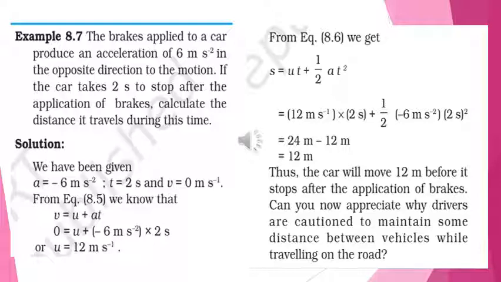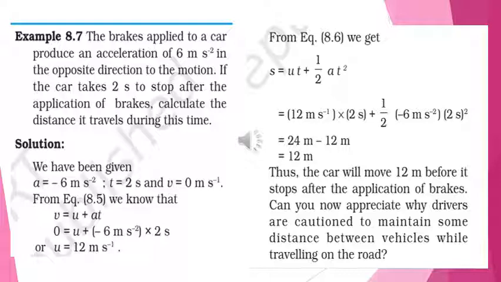t is equal to 2 seconds and v is equal to 0 meter per second because we are applying the brake, meaning after some time the car will stop, so the final velocity will become 0. So here we will use the formula v equals u plus at. Put the values: 0 is equal to u plus minus 6 meter per second square into 2 seconds. Calculate it.